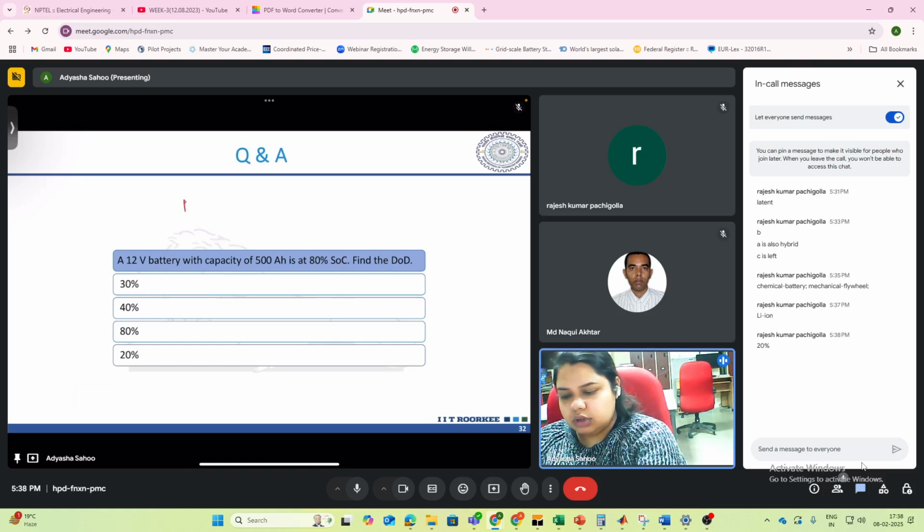DOD, depth of discharge, is nothing but 1 minus state of charge. So if state of charge is 80%, so depth of discharge will be 20%.